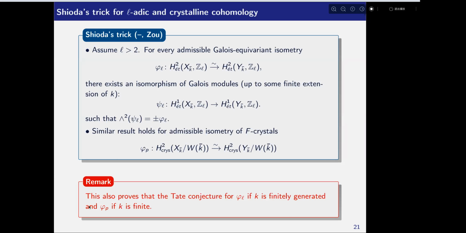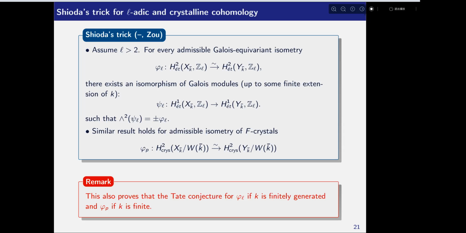And basically, this also gives the Tate conjecture for l and p when K is finitely generated and O_K is finite. Although the Hodge conjecture for products of abelian surfaces is known, I didn't find a reference that the Tate conjecture is known for products of abelian surfaces over positive characteristic fields.